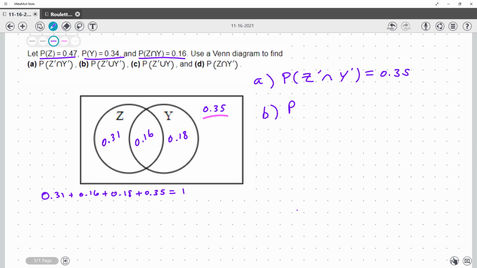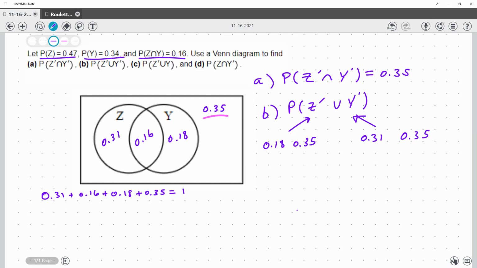Part B, probability of not z union not y. What I do with these is I write down what's all not z. So it would be that one piece of y, and then it would also be the outside. And then I write down what would be not y. Well, that would be that piece over by z, and then it would also be the outside 0.35.